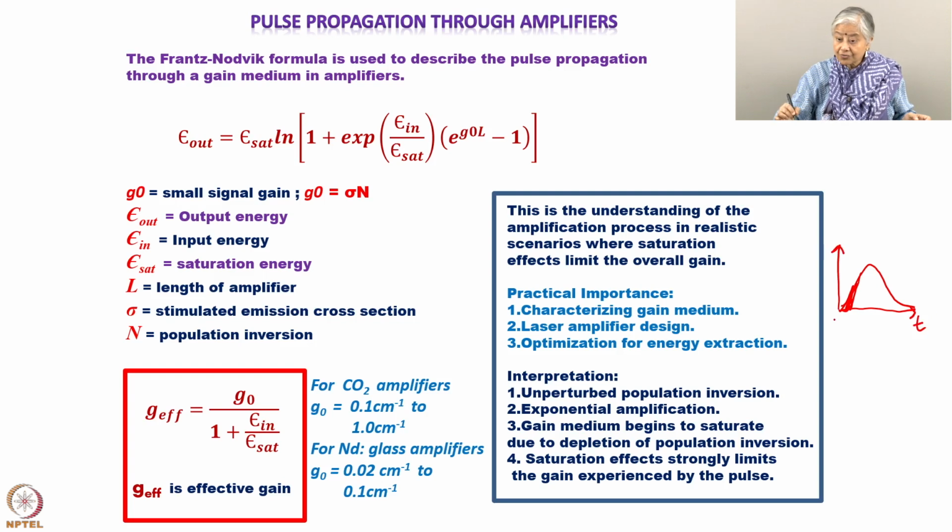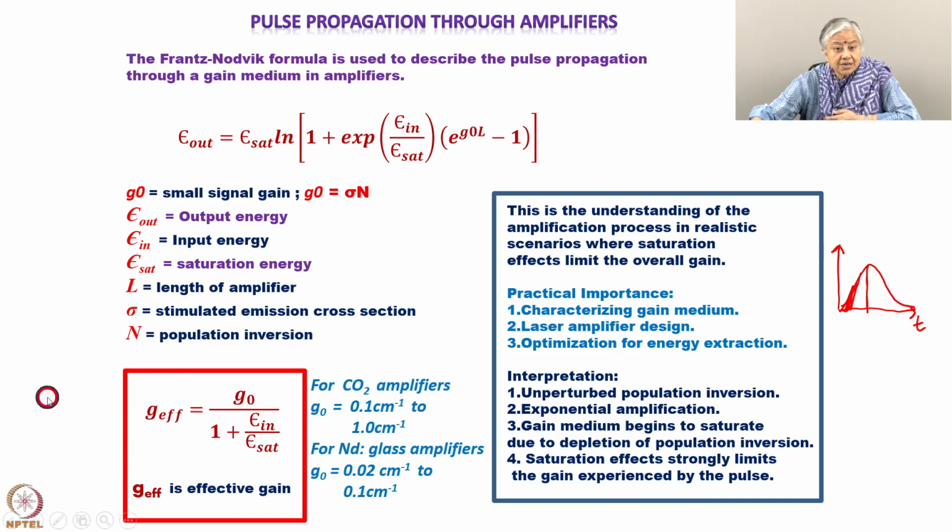So, this front part of the pulse has depleted the gain, and this part of the pulse, say this part, does not see as much gain as this front part had seen. So, this later part of the pulse is seeing a much lesser gain, and so it cannot extract as much as this part. That is what is defined by G effective.